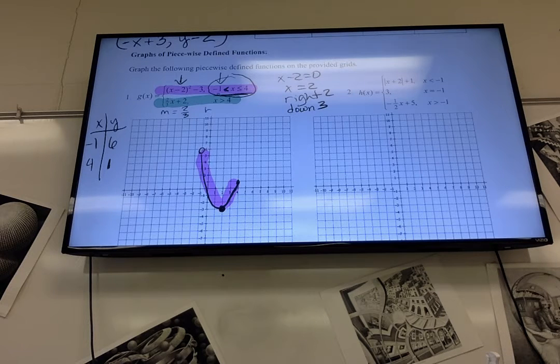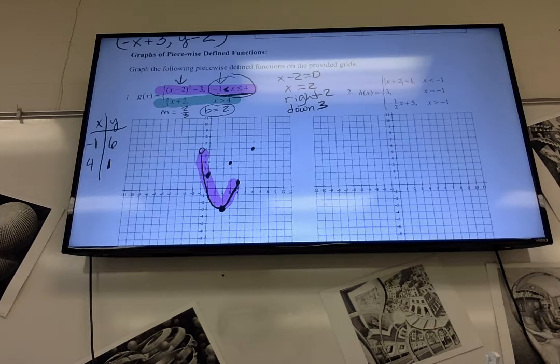B is your y-intercept. That's 2. So normally, I would go up to 2, because that's my y-intercept. And then we would go up 2 to the right 3, up 2 to the right 3.